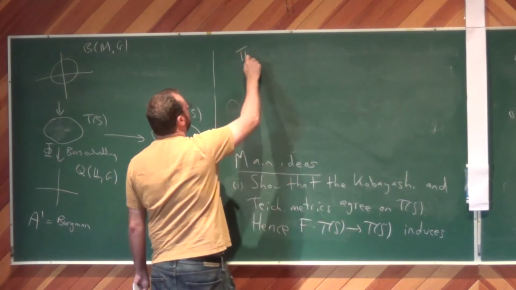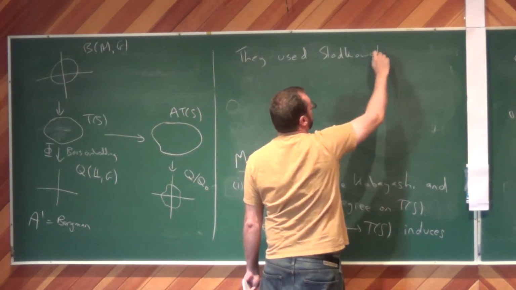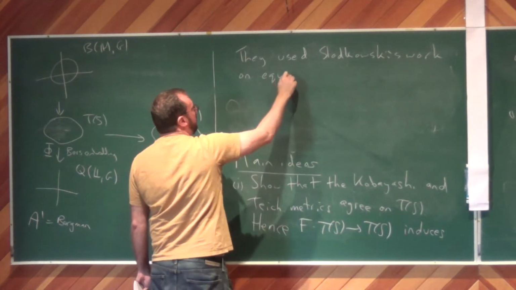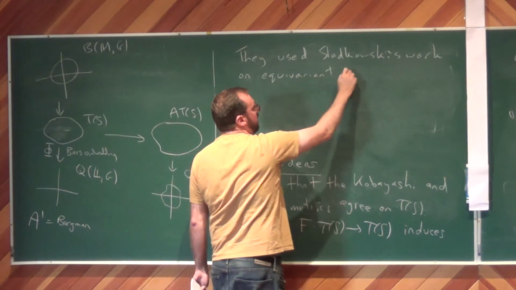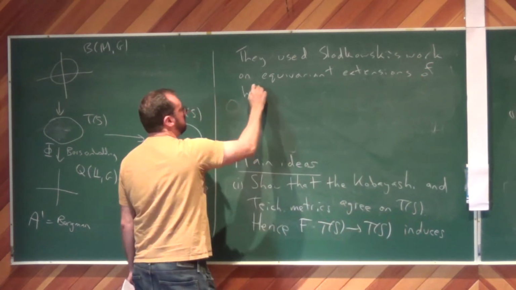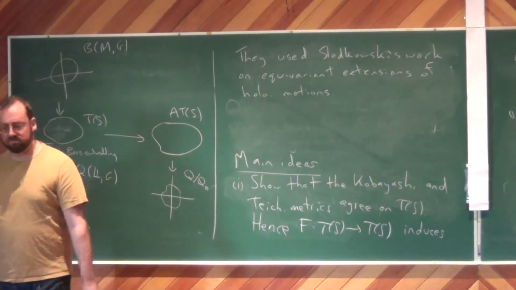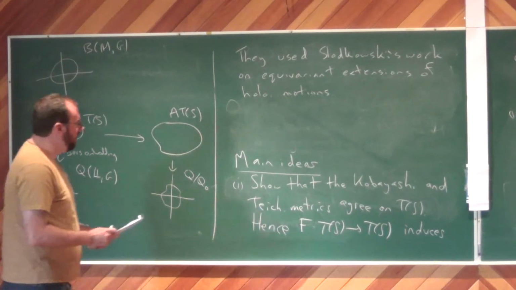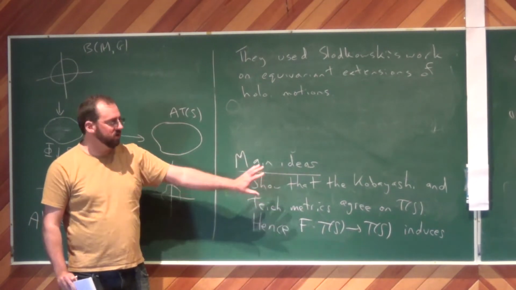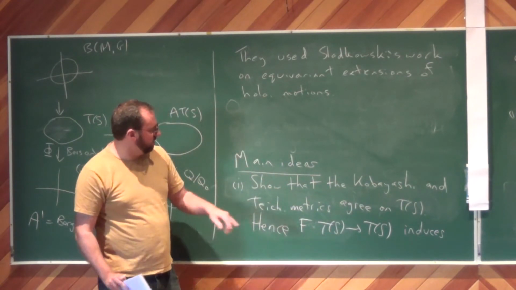And they used Slodkovsky's work on equivariance extensions of holomorphic motions. I guess I'll just say the words if you're interested and look these ideas up. Okay, so this step one, by the work of Kra and Krushkal, that's okay, we can do it. We get that Kobayashi and Teichmüller metrics always agree on Teichmüller space.